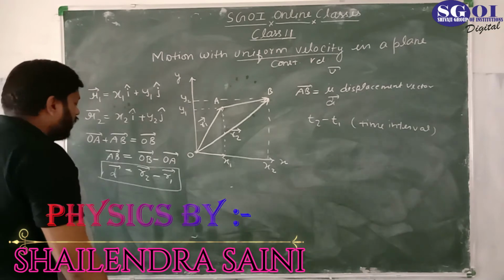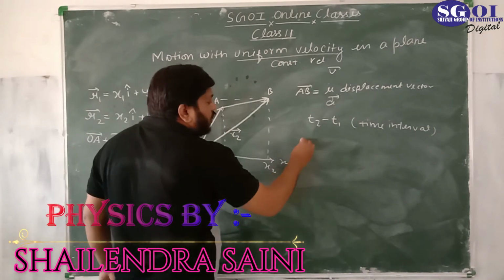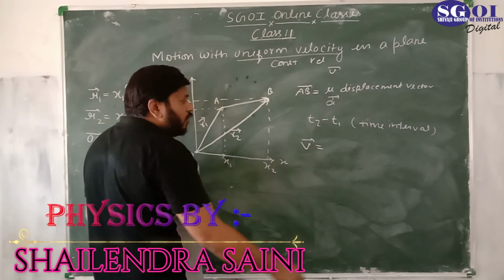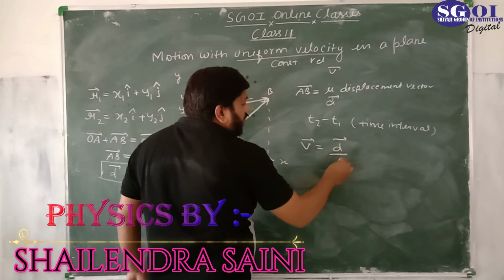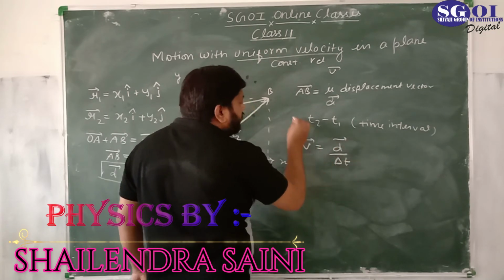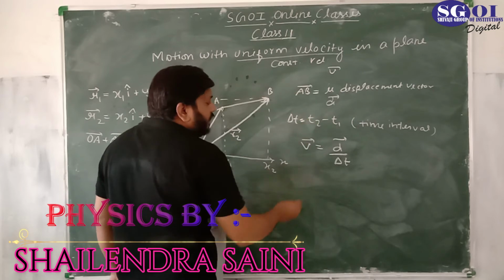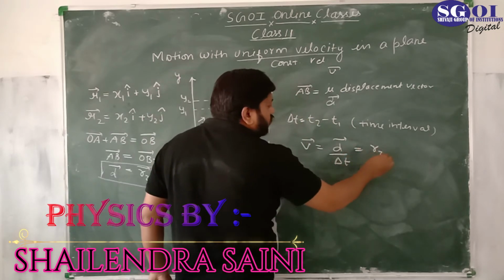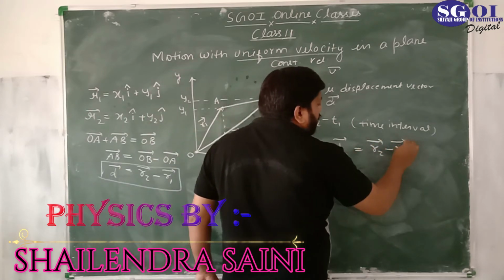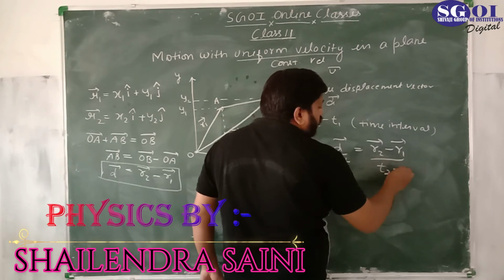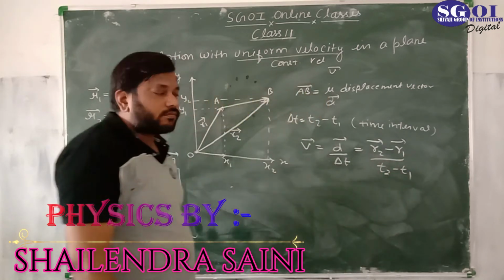We know that velocity is the displacement vector D upon the time interval delta t, which is t2 minus t1. So v vector is r2 minus r1 upon t2 minus t1.